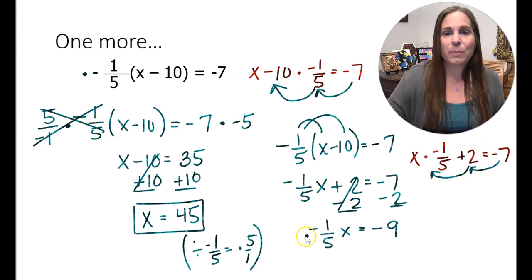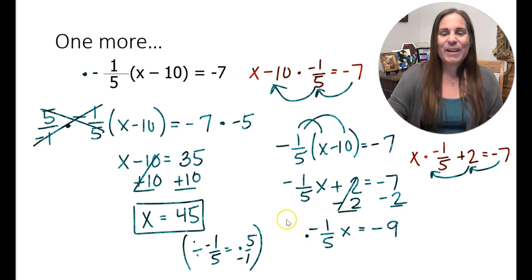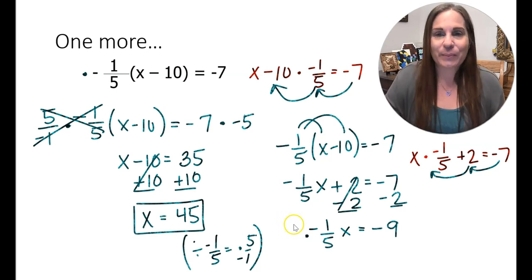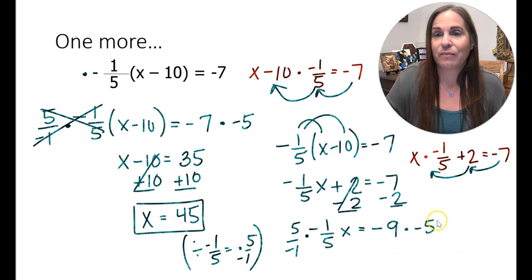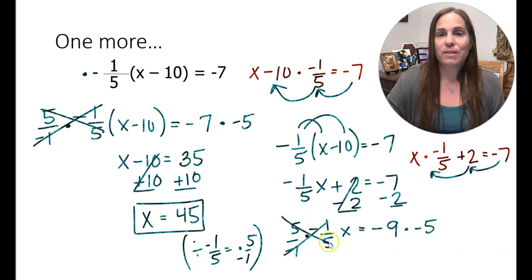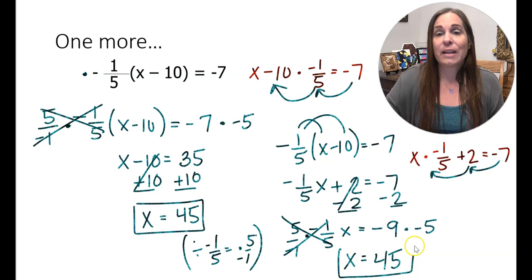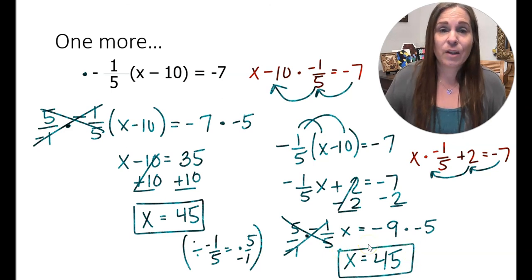I'm going to multiply by, oh, I forgot my negative here. I'm going to multiply by the reciprocal. And over here, I don't really need it to be a fraction, so I'm just going to write it as -5. So just like we saw before, this equals 1, and I get negative times a negative is a positive.